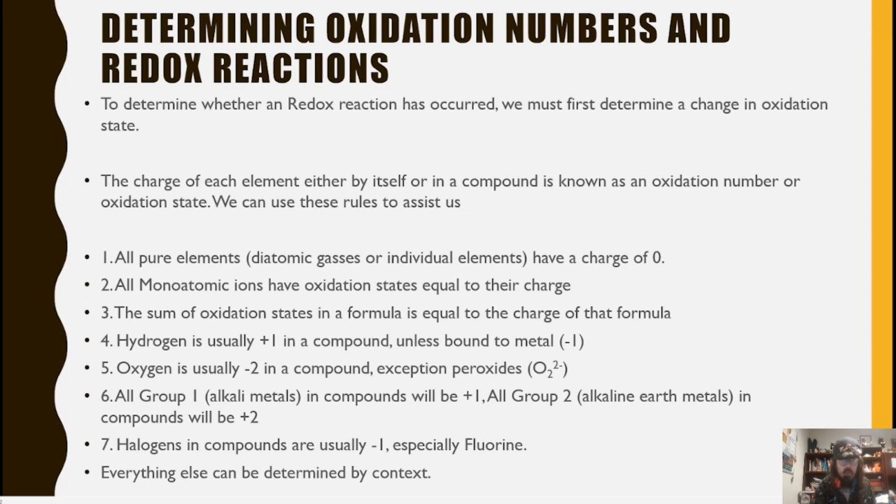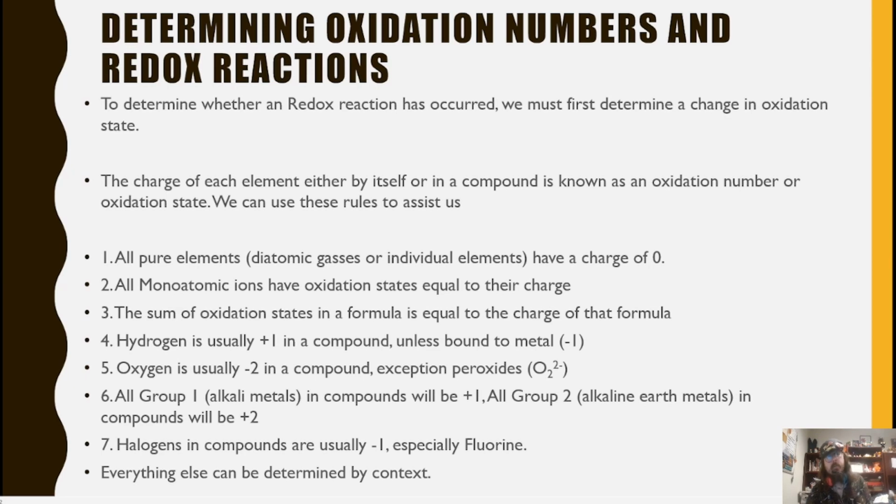If I have CO2, which is neutral, the total amount of oxidation states in this formula must add up to be 0 because CO2 is neutral. So whatever the oxygen and the carbon are, they have to add up to be 0. Whatever the nitrogen and the oxygen are, they must add up to be -1.